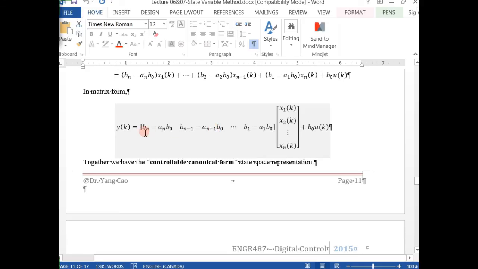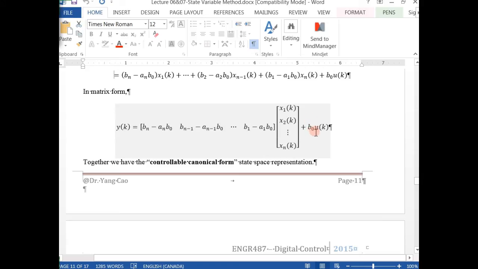There's only Bn, Bn minus 1, B1 here. In our case, we don't have B3, so we only have B2 and B1. Okay, that's what it's like. So this B naught, you were asking, shows up here.